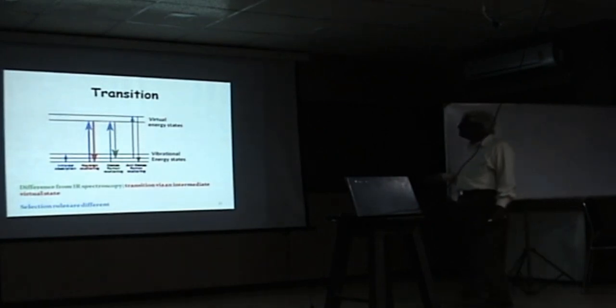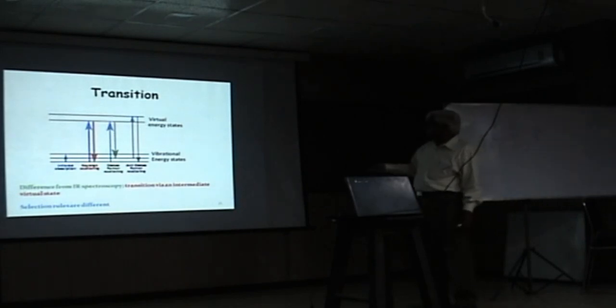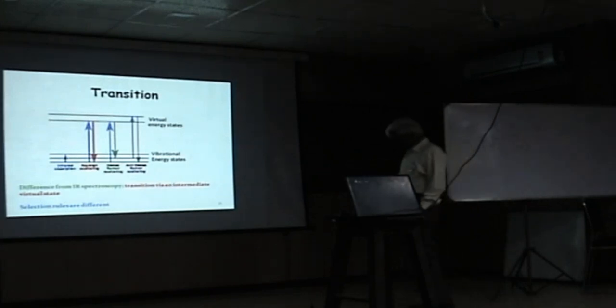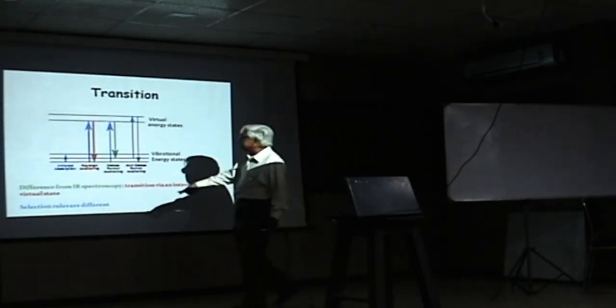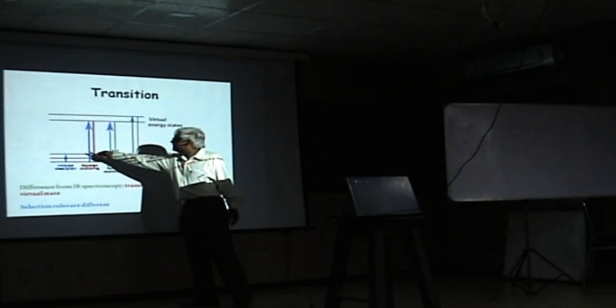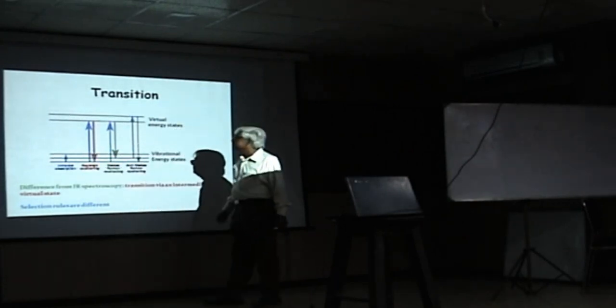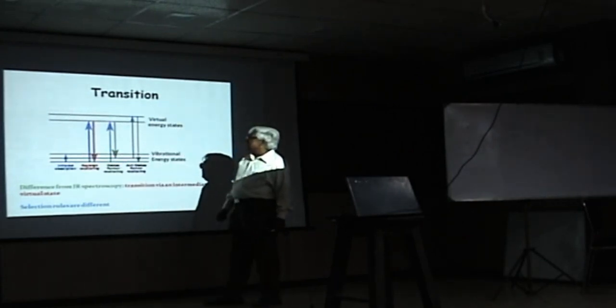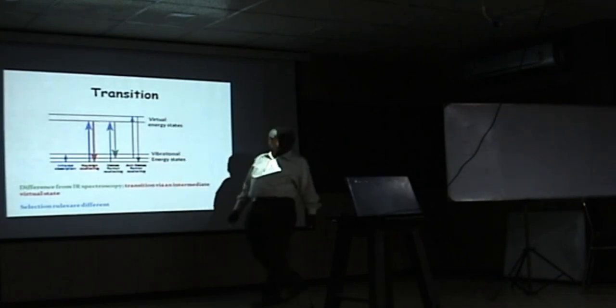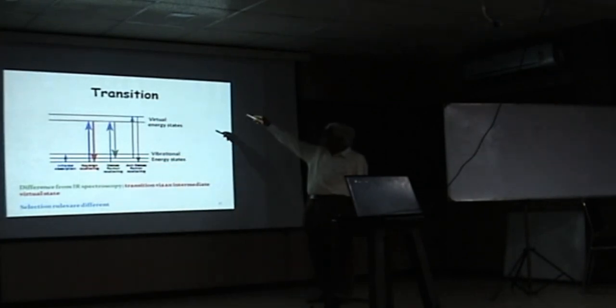But in the case of Raman transition, it starts from the initial state here and goes to the final state, this or this, but not directly. It goes via some intermediate virtual state.